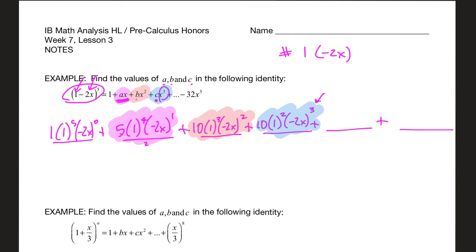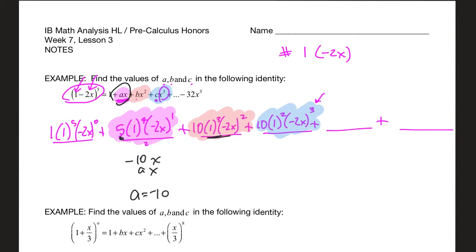So what I need to do is simplify each of those blanks. This first one is a 5 times a negative, so it's negative 10x, which means A is negative 10.